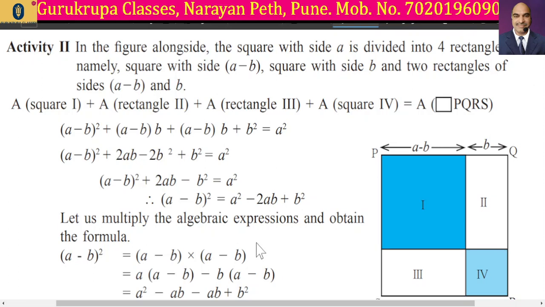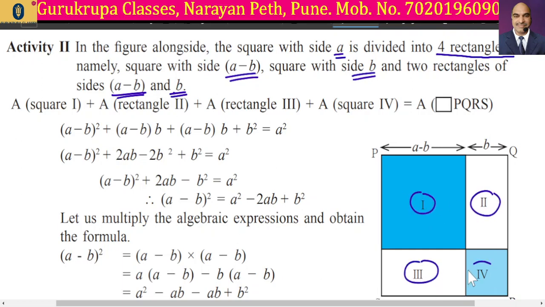Now we get the square with side A, and it is divided into 4 rectangles: square with side A minus B, square with side B, and 2 rectangles with sides A minus B and B. Rectangle 1, rectangle 2, rectangle 3, and rectangle 4.